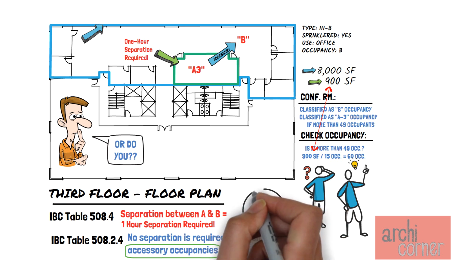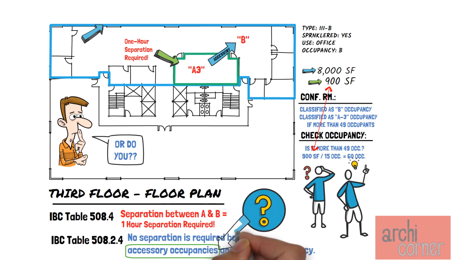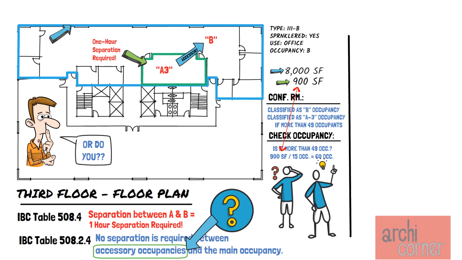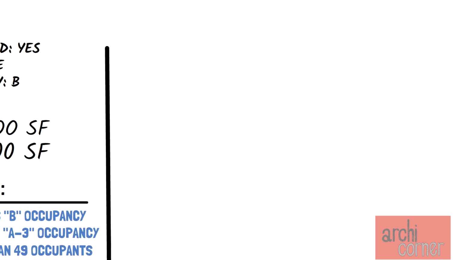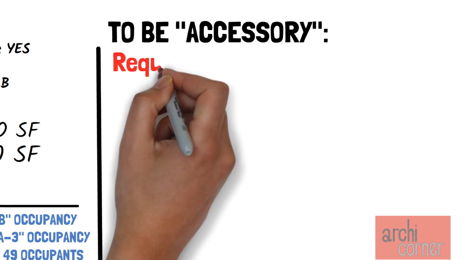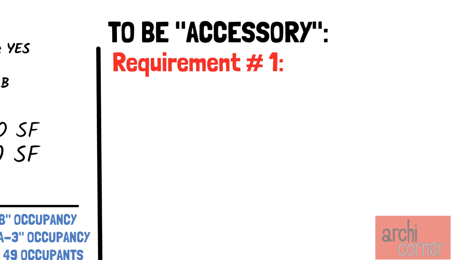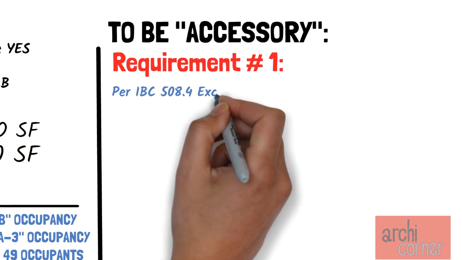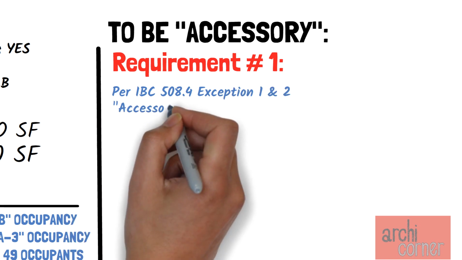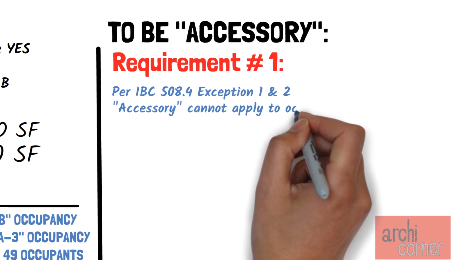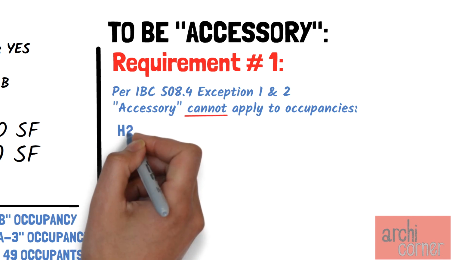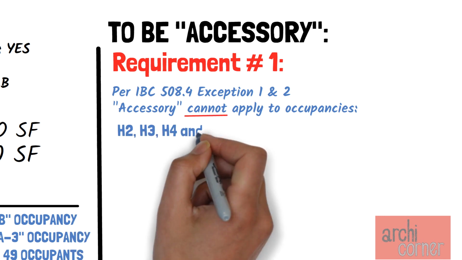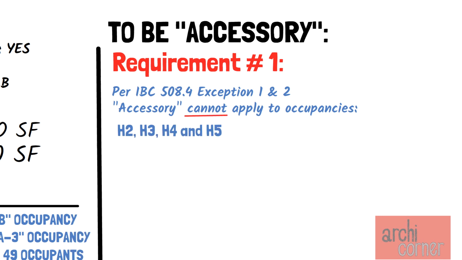So, what are the requirements for the A3 occupancy to be considered an accessory occupancy? First, let's talk about what occupancies cannot be considered accessory occupancies. Per IBC 508.4 exceptions 1 and 2, you must know that you cannot apply this exception to H2, H3, H4, and H5 occupancies.